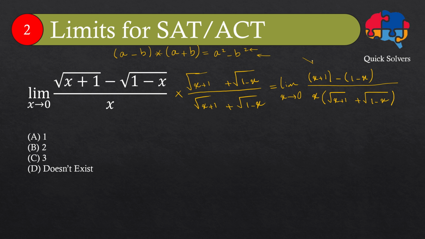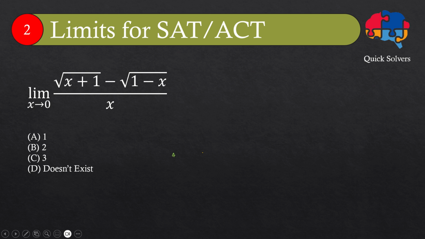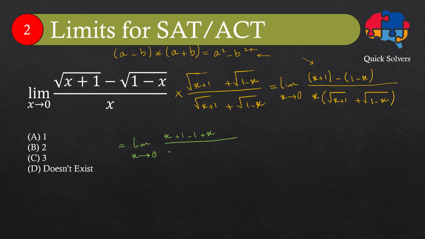And if I simplify this, then we'll get this equals to the limit of x plus 1 minus 1 plus x. The denominator is the same: x times square root of x plus 1 plus square root of 1 minus x.